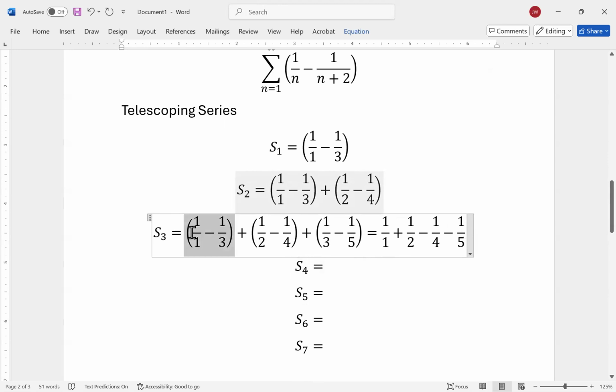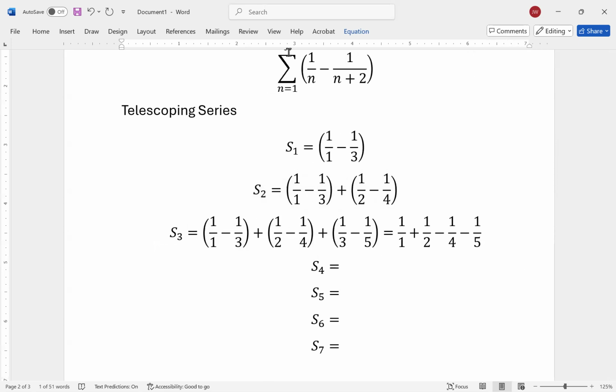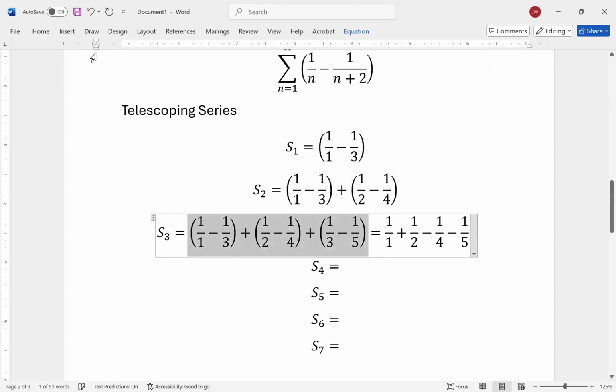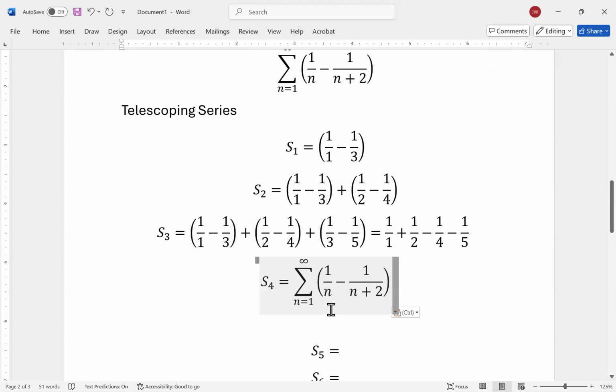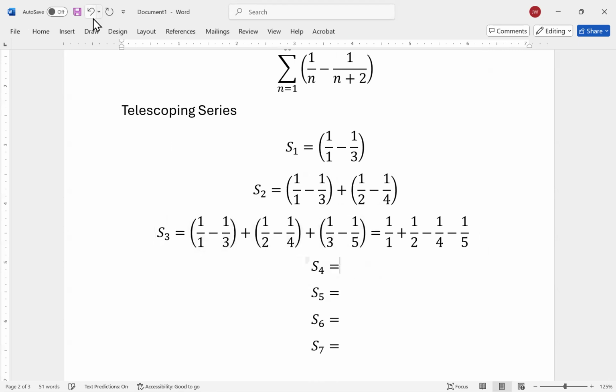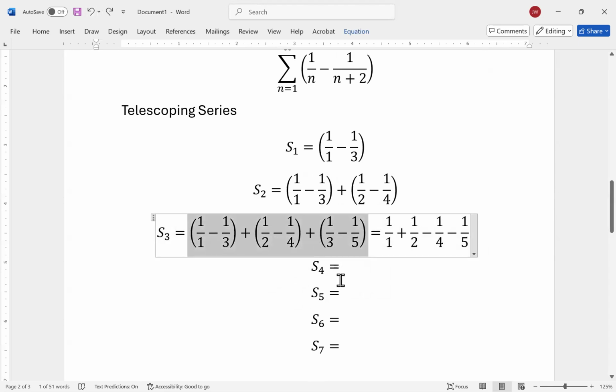Now, when we do the fourth partial sum, we're going to start out with the exact same idea, with the exact same first three terms. Actually, let me just start it out with this. That's the sum of the first three terms.